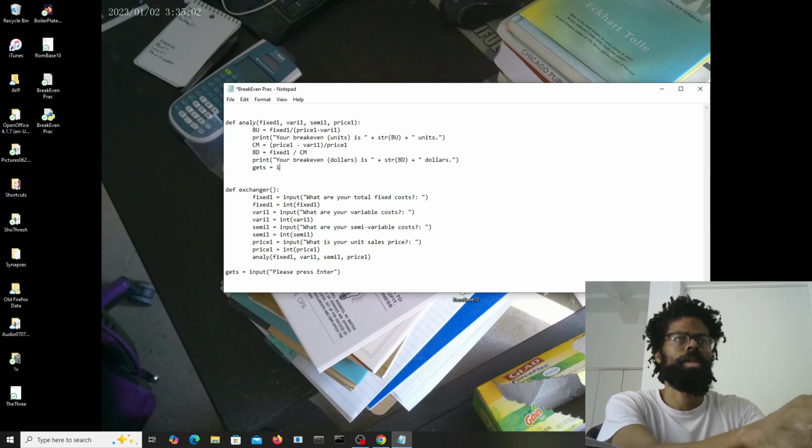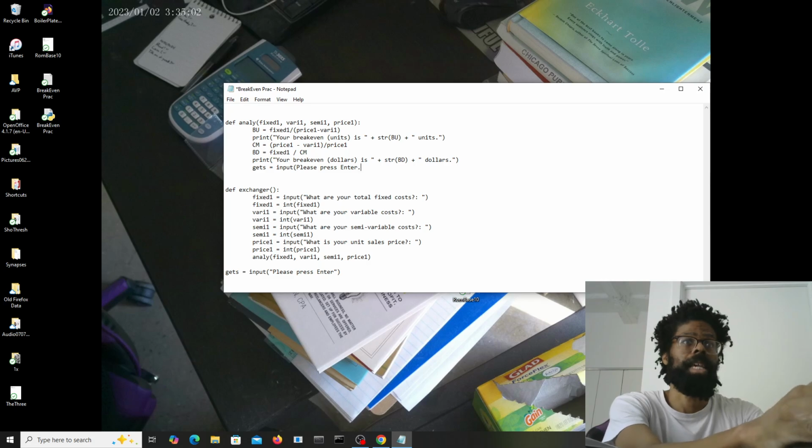Gets equals input, please press enter. It's almost time for me to get off this computer. I misspelled this. I was supposed to put a quote right there. Please press enter.